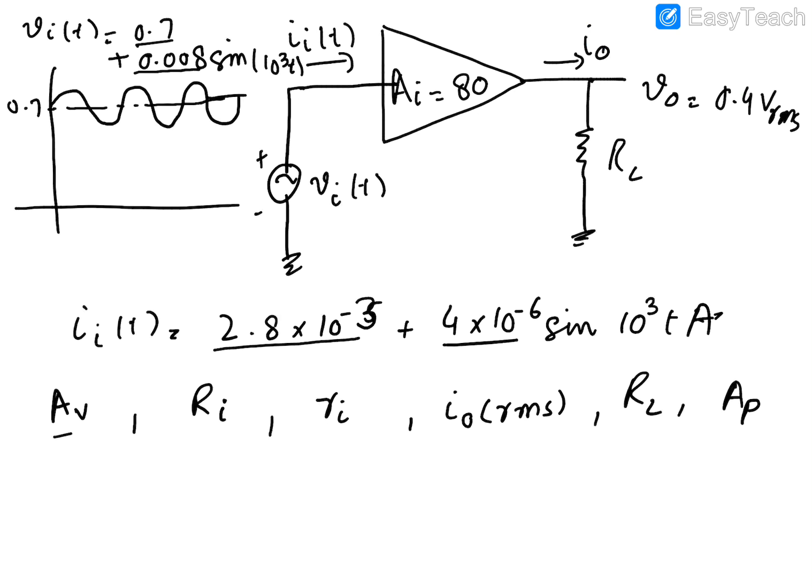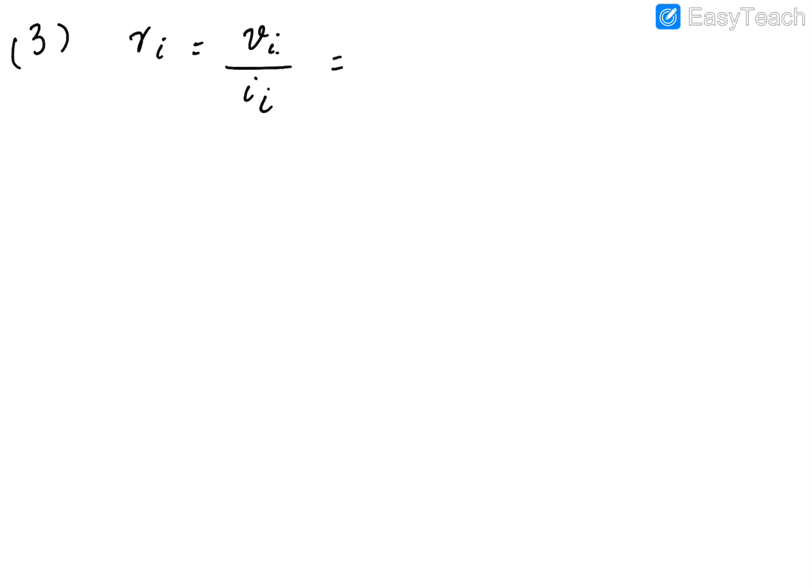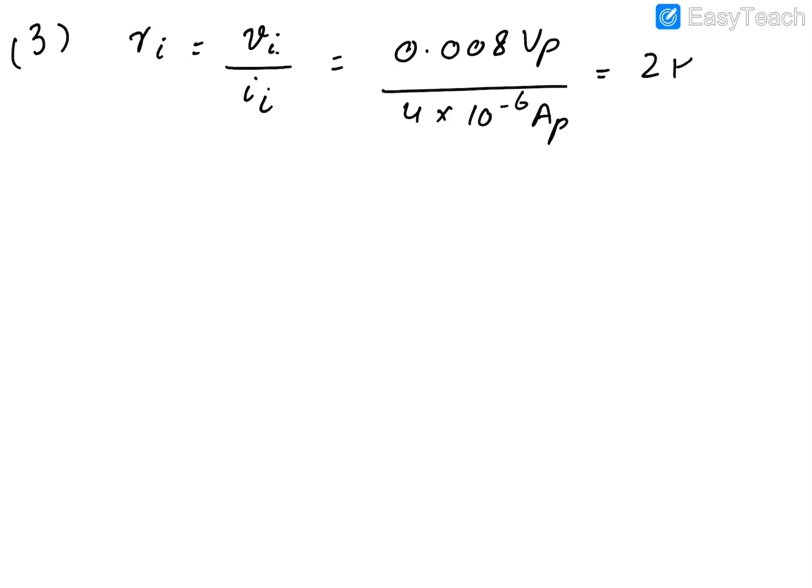The peak value of input voltage is 0.008 and the peak value of input AC current is 4 into 10 raised to the power minus 6. This is equal to 2 kilo ohms.